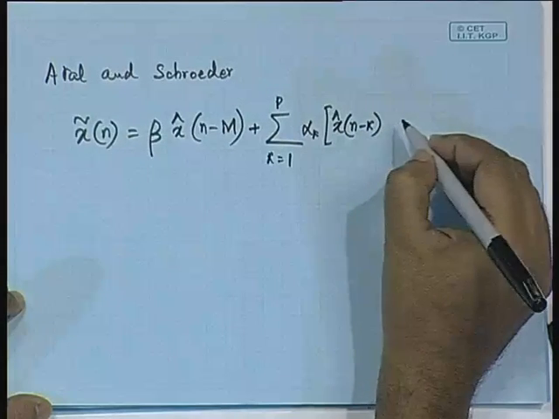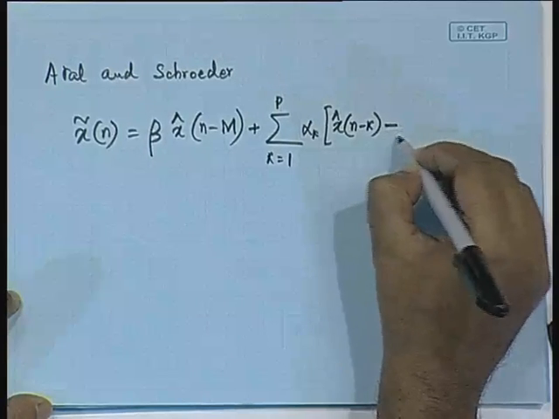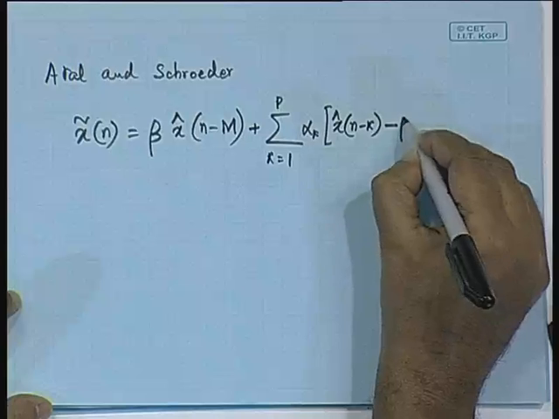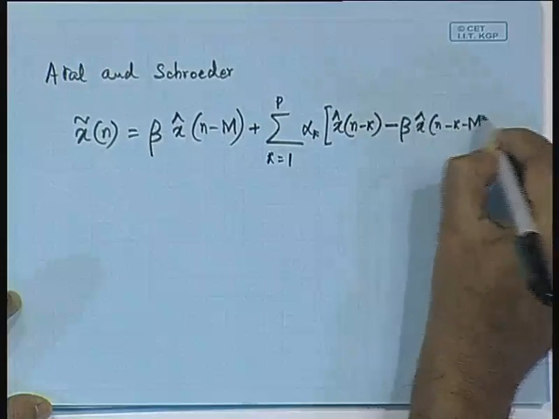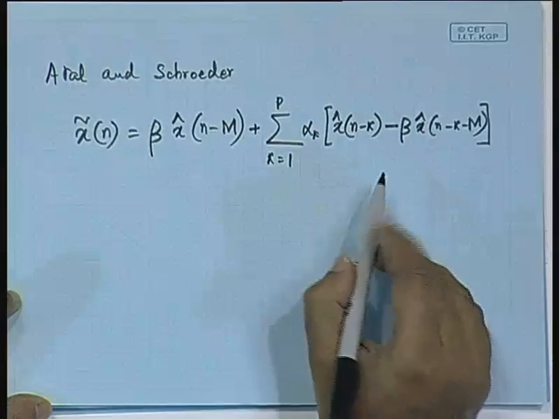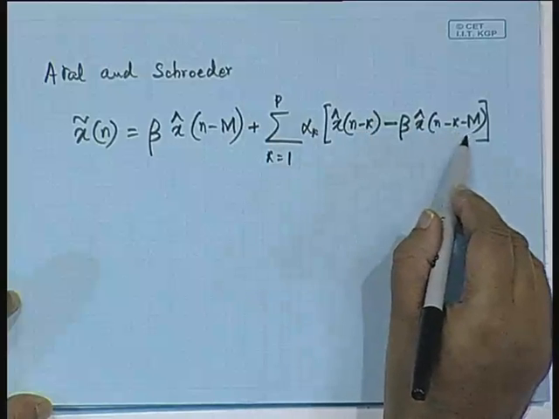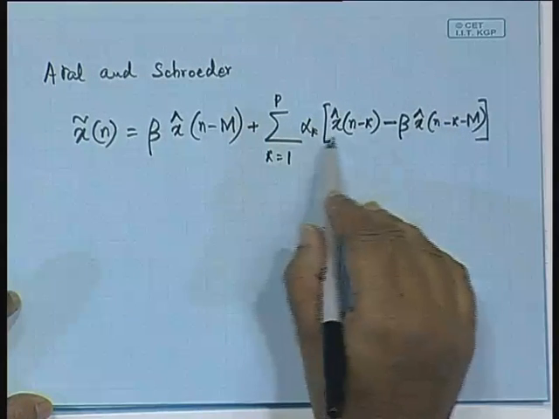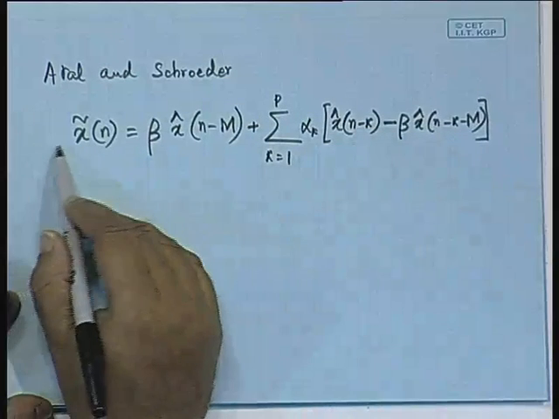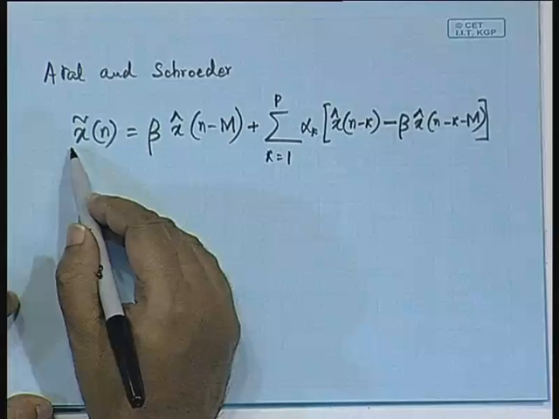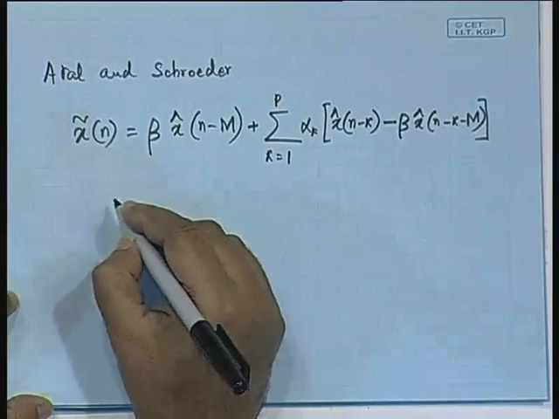But in this case we can make use of the periodicity property and say that it is x cap of n minus k minus beta times x cap of n minus k minus M. So, what we are essentially doing is taking the difference between n minus k and n minus k minus M. That times alpha k is going to dictate the predicted signal x tilde of n, and in this case one has to adapt many parameters.